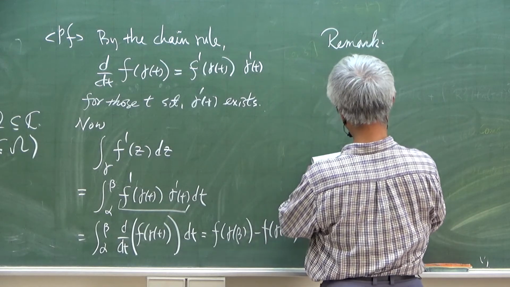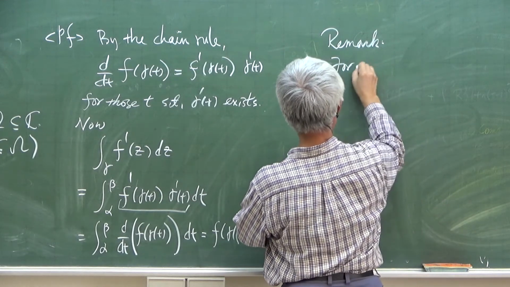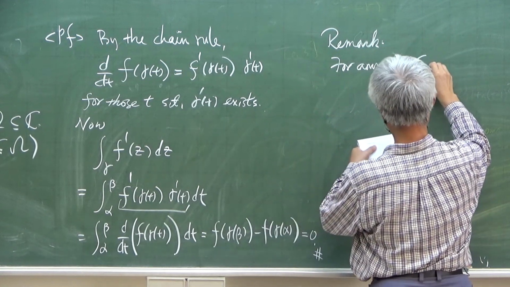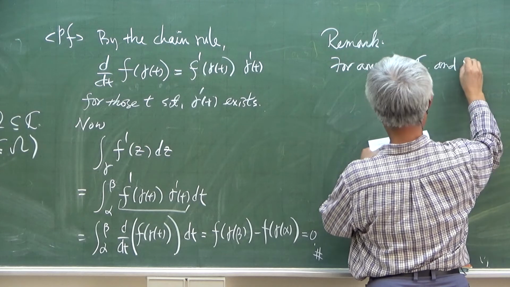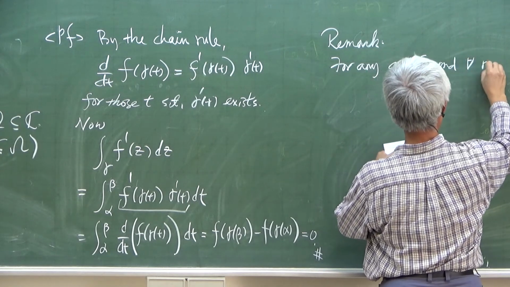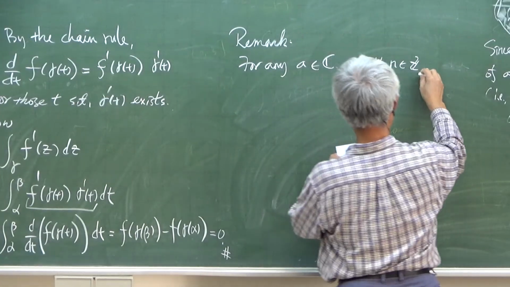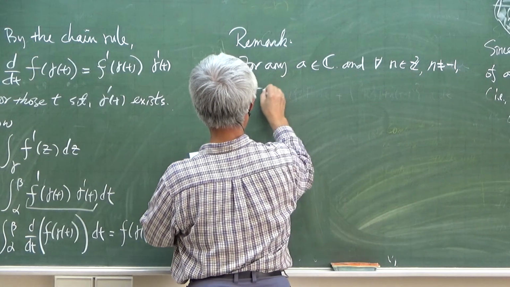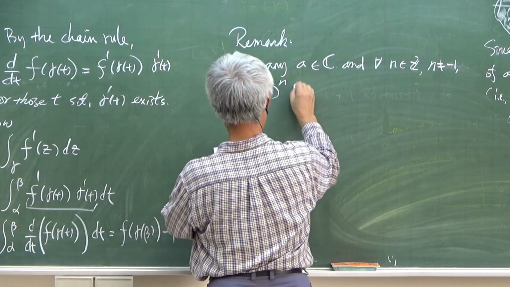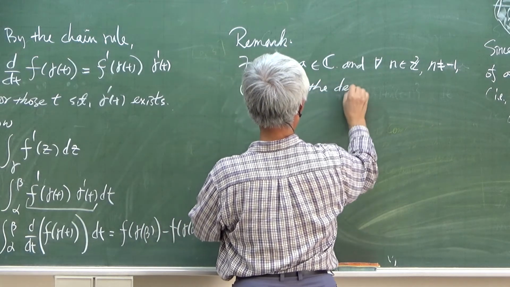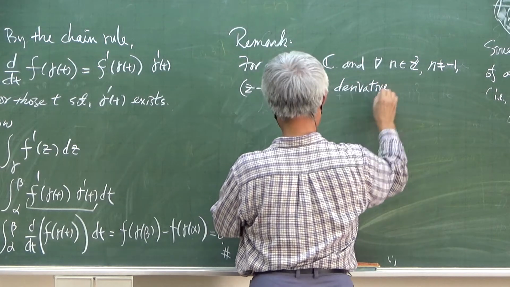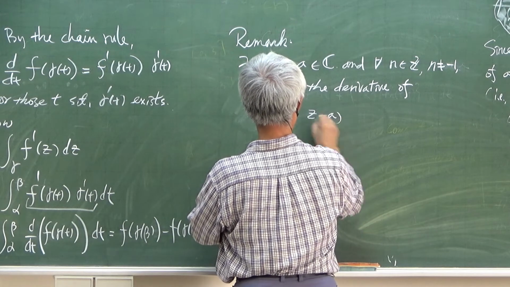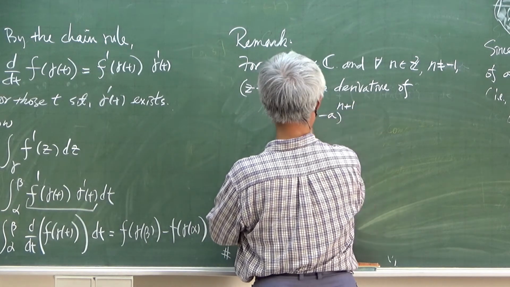For any a in C, and for all integers n not equal to -1, z minus a to the n is the derivative of z minus a to the n plus 1, divided by n plus 1.